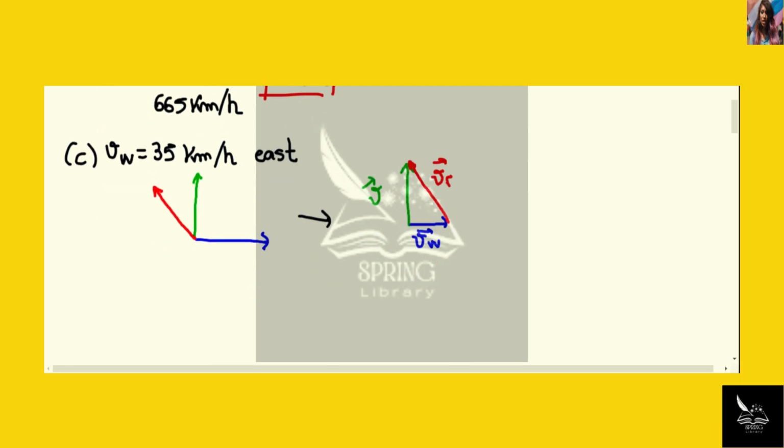So we can find the speed of the airplane relative to the ground as, since this is a right triangle, just the square root of VR squared minus VW squared. So this is equal to the square root of 630 squared minus 35 squared.